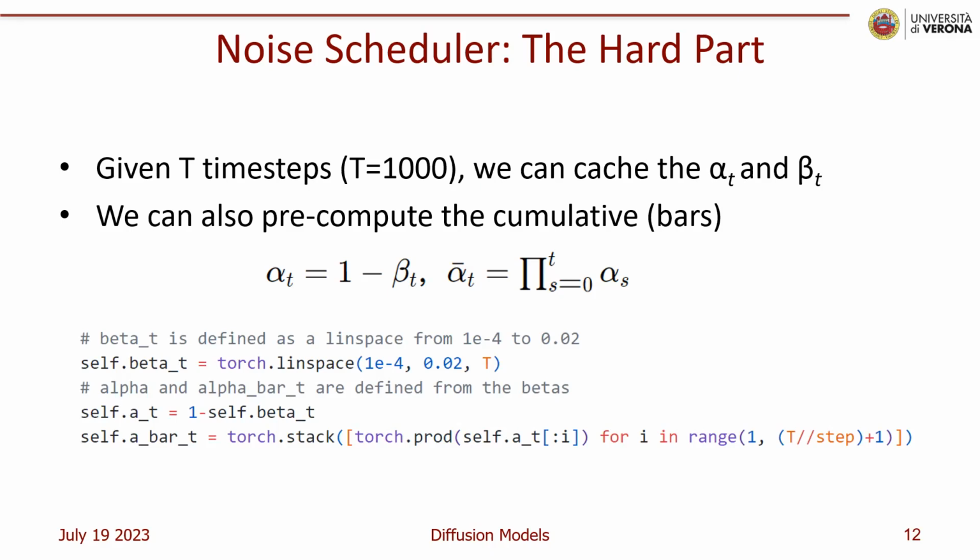So alpha t is an array of 1 minus self beta t. Ignore the self, this is Python stuff, but 1 minus beta t. And the alpha bar t is, again in Python's formulation, the product of all the alphas that came before the current time step. And this is just how you implement it. So you see, this is literally 3 lines of code, very easy.